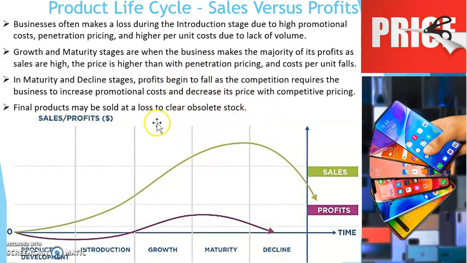The business in this case might even be selling at a loss because they simply want to get rid of the stock and cover some of the cost of production that they've already incurred in producing the good. So if they gave it away for free, or not selling it at all, they'd make a much bigger loss than selling it for a reduced price.